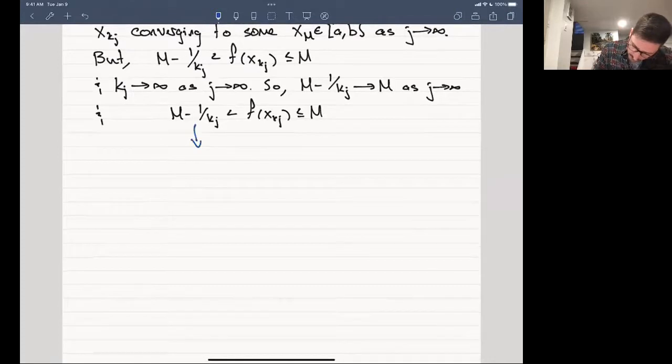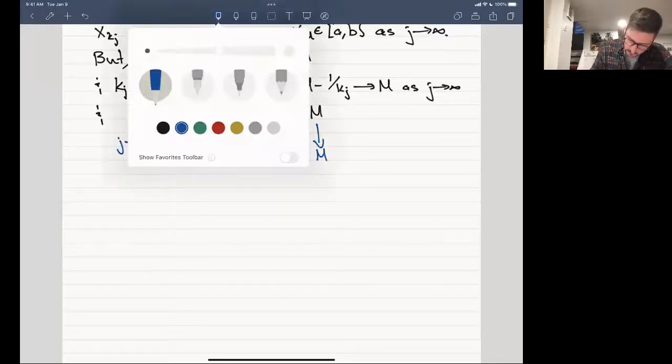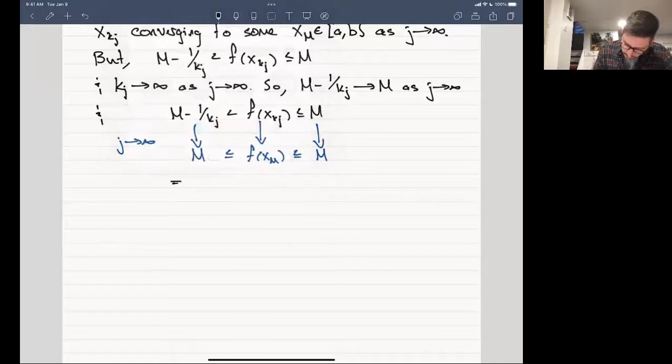This is converging to M as j goes to infinity. Clearly, the upper bound is just constant. And so also f is continuous, so this is approaching f of x_M. And the inequalities are preserved in the limit. And so therefore, by the squeeze theorem, f of x_M is equal to M.